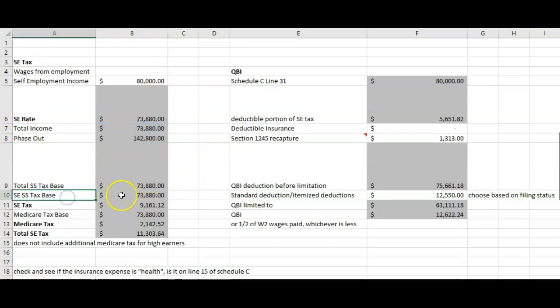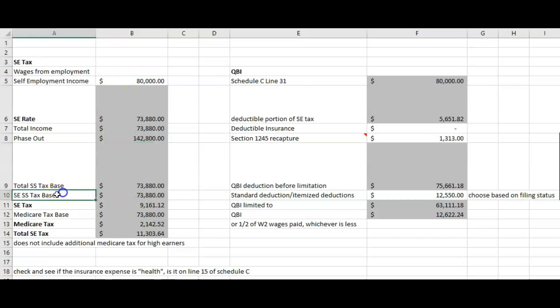So the self-employment Social Security tax base is $73,880, which is B9 minus B4. So it is the total Social Security tax base subtracting the wages from employment.